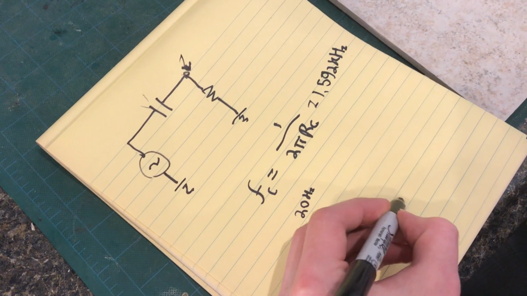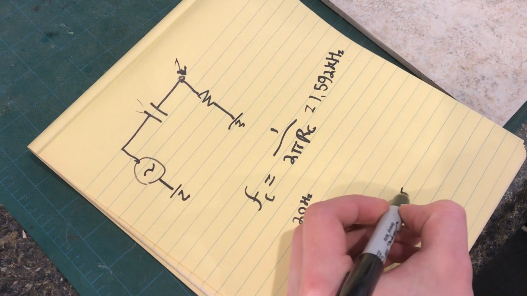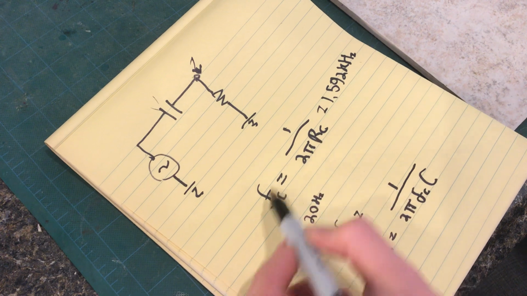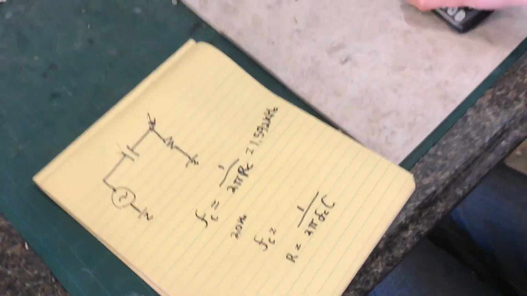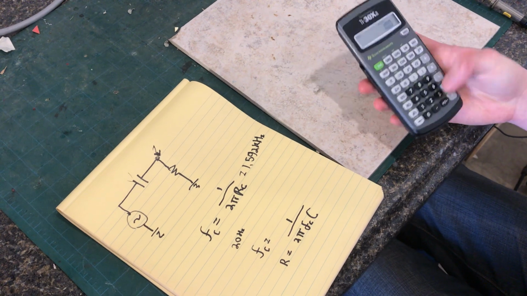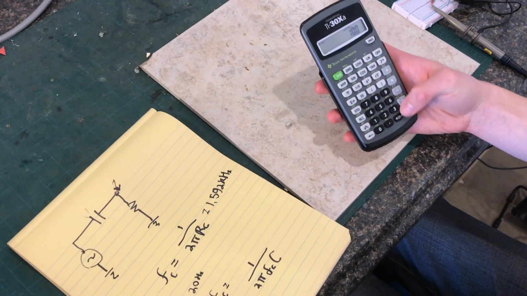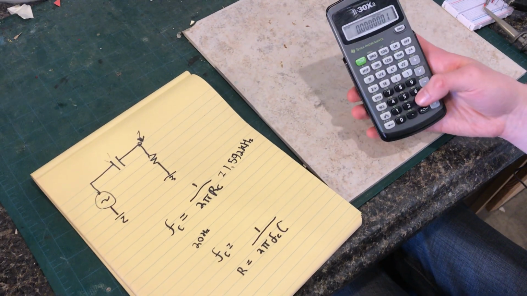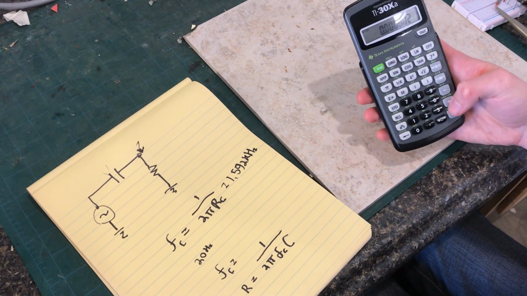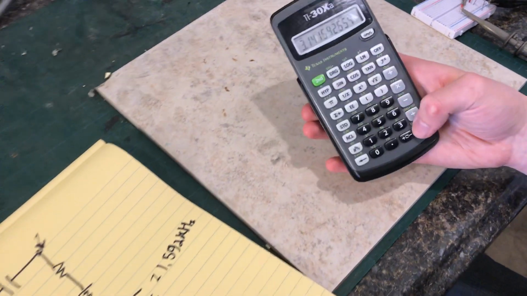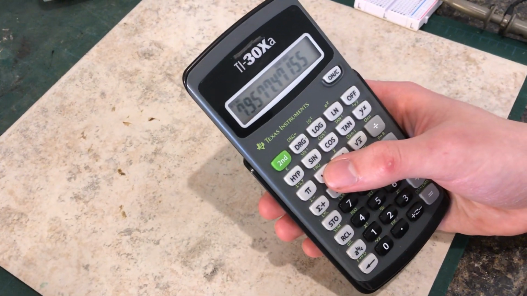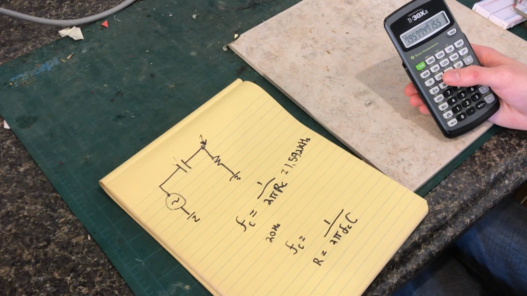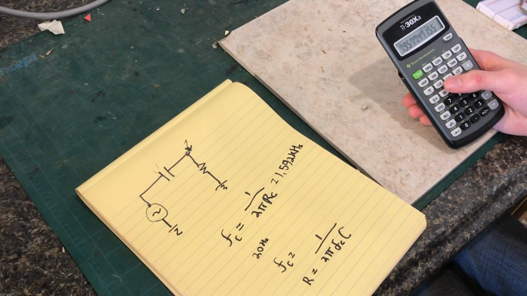R equals 1 over 2 pi FC times C. All I did was swap the positions of R and FC. And now, assuming I still have my 100 nanofarad capacitor, that's 100 times 10 to the negative 9 times 20 hertz times 2 times pi, and it looks like I need about an 80K resistor on that.